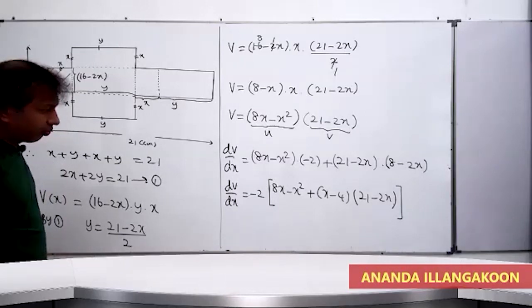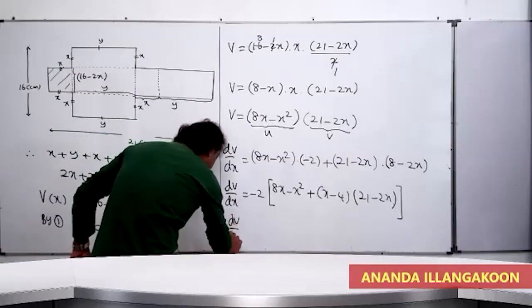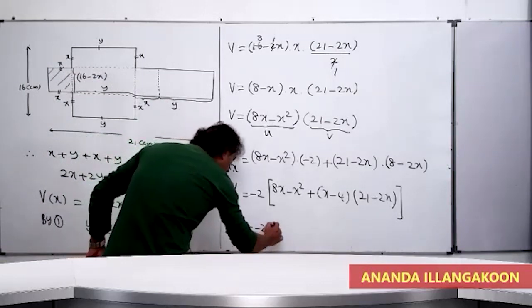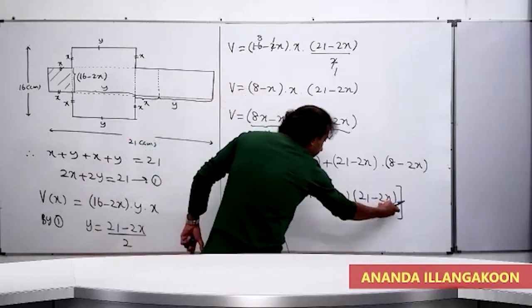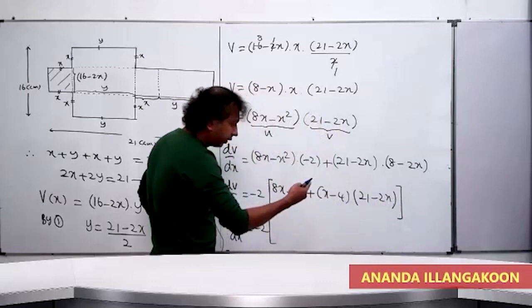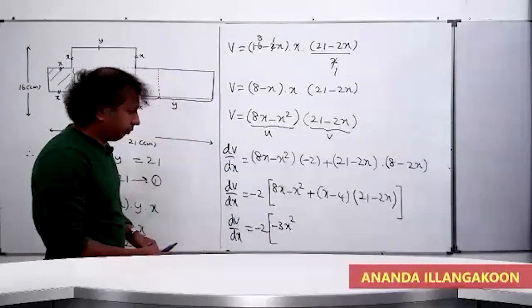Now we have to simplify this, remove the bracket. Here we get what, people? Minus 2x into x, minus 2x squared, minus x and x squared. Right.